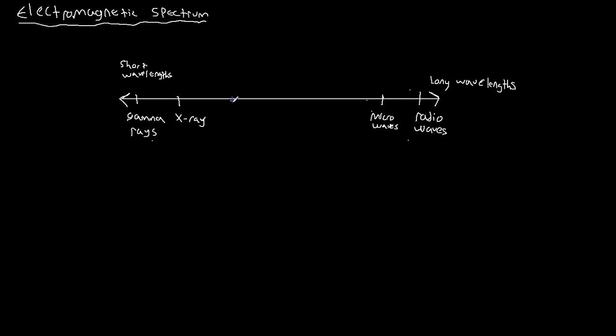There's a very special region that occurs, I'm going to make it small here, from about 400 nanometers to about 700 nanometers. Right? And this region is called the visible region, or the visible spectrum.